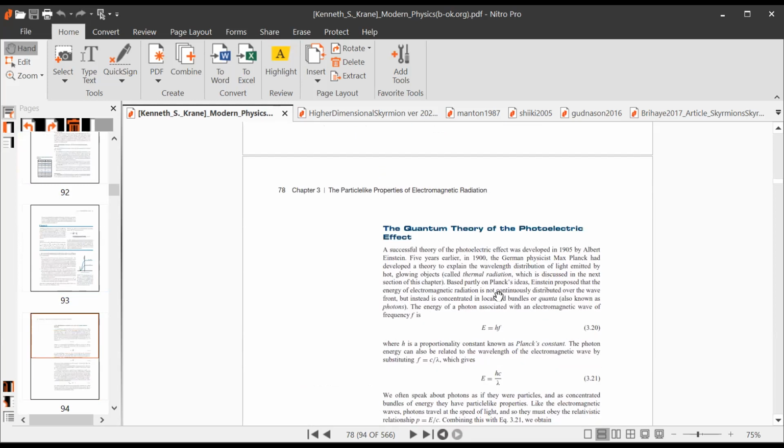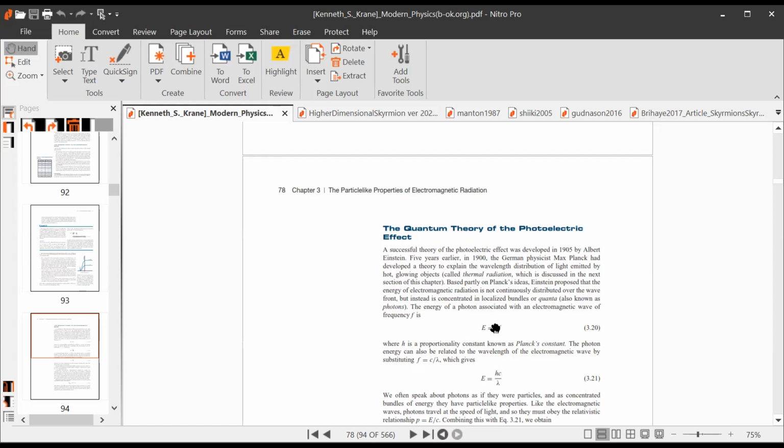We have also discussed Einstein's theory of the photoelectric effect. Basically he extended the idea of Planck. The energy of the photon of the light is proportional to the frequency.